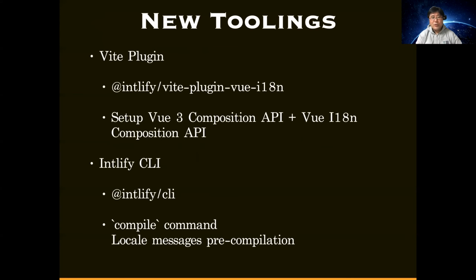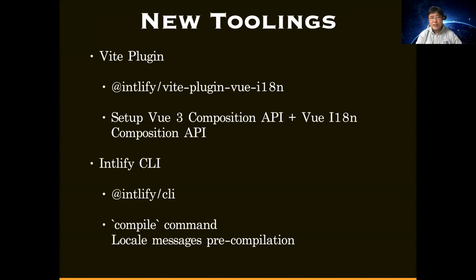Finally, Vue I18n version 9 also provides new toolings. Vue I18n version 9 provides two new toolings. The first is the Intlify Vite plugin for Vue I18n, which is a plugin for Vite.